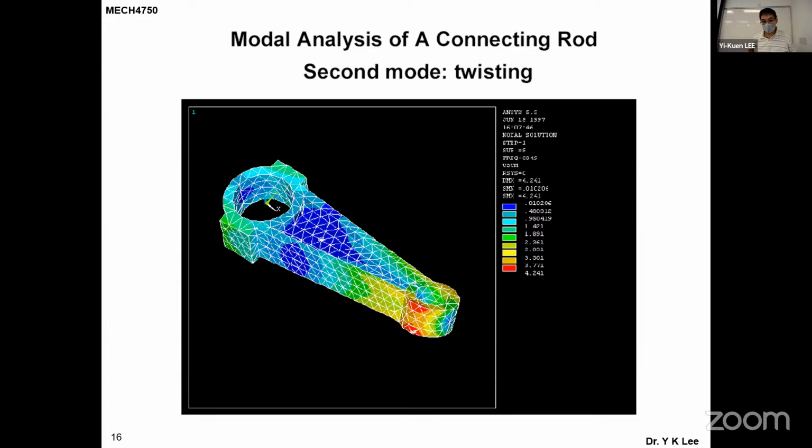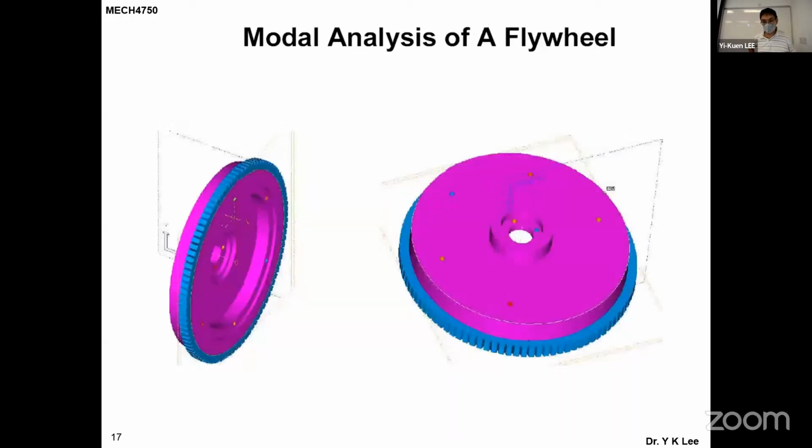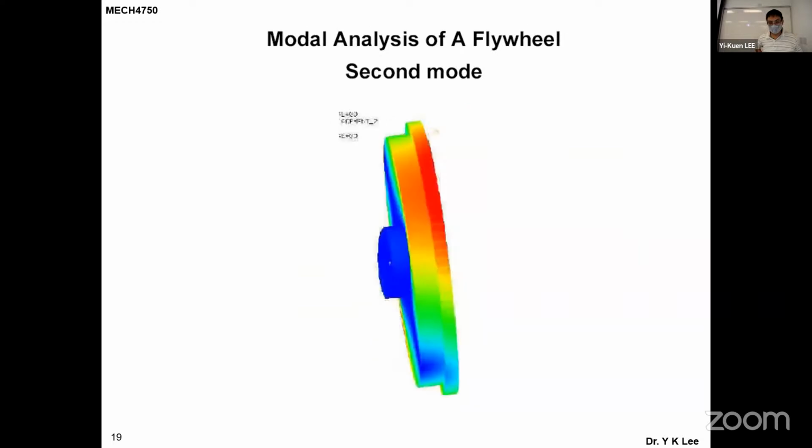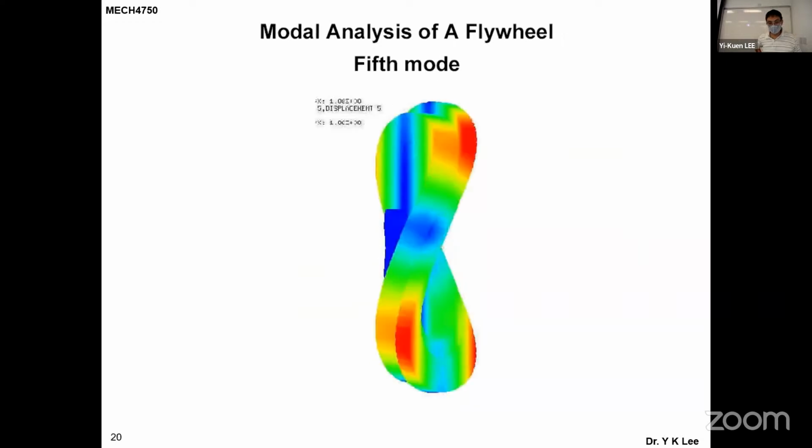Here is also the modal analysis of a flywheel. The flywheel is also quite an important mechanical structure for an engine. You see the first mode, second mode, fifth mode.